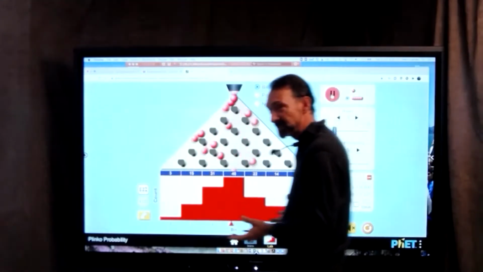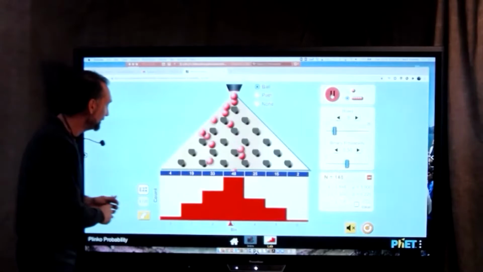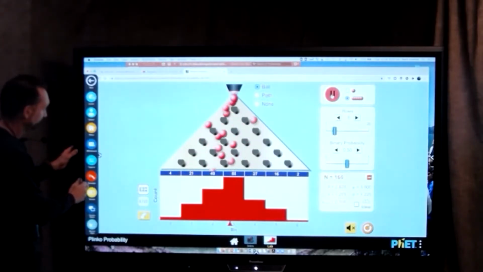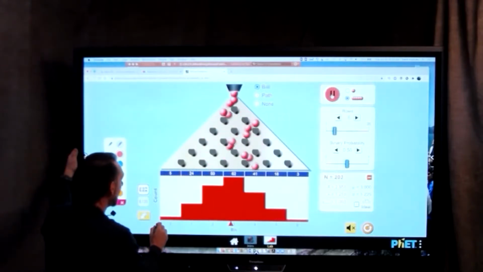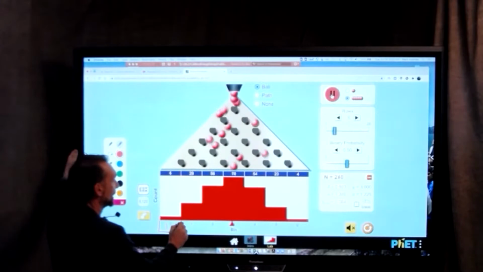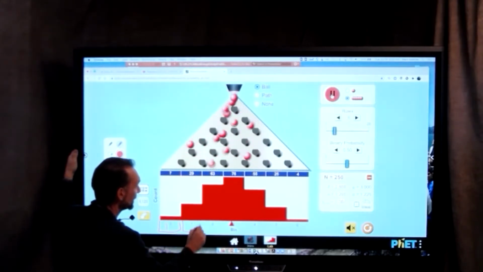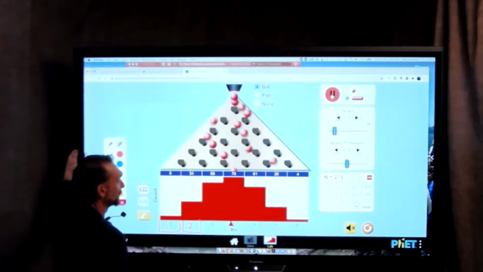So you have 6 bins, and the bins correspond to the fact that you'd have 1 particle on one side. This is the bin where you have 2 particles on one side.